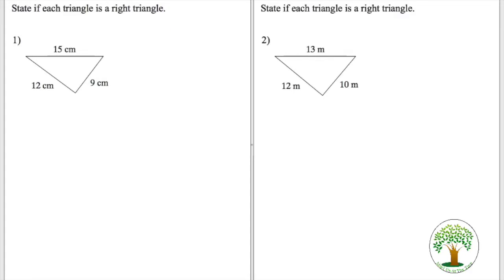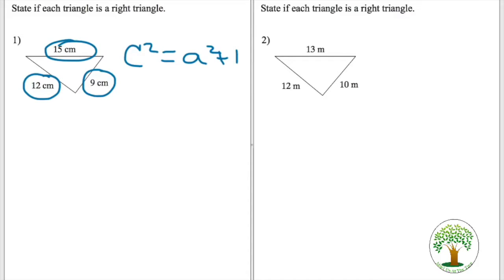This is one of the legs, A, and this is B, and this is C. Your Pythagorean Theorem states that C squared equals A squared plus B squared. So we're going to fit our C squared, that's the hypotenuse, the longest one.